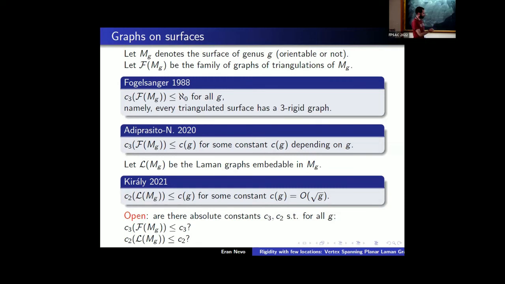But again, his bound grows to infinity with G. So it's an open problem whether there's a uniform bound that works for all genus together for both of those families, once in R3, once in R2.